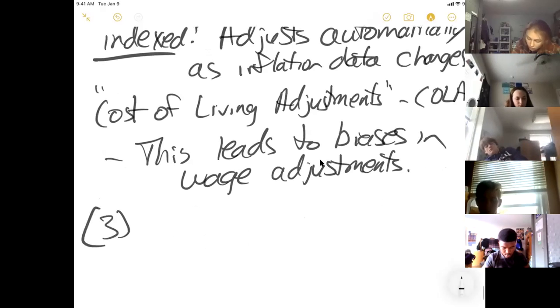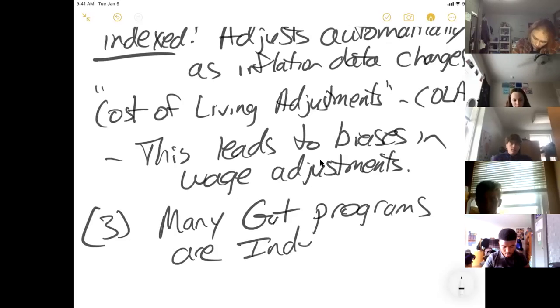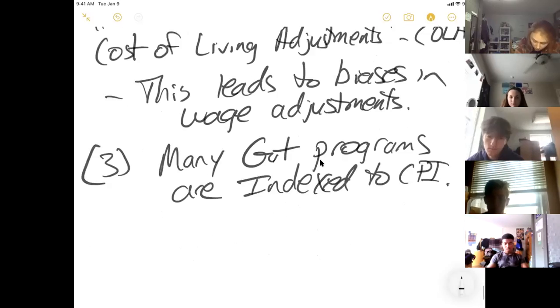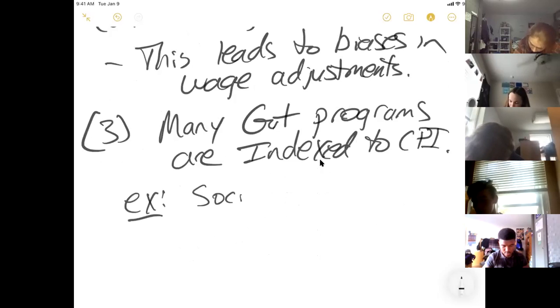The same is true for government programs. Many government programs are also indexed to the consumer price index, such as Social Security.